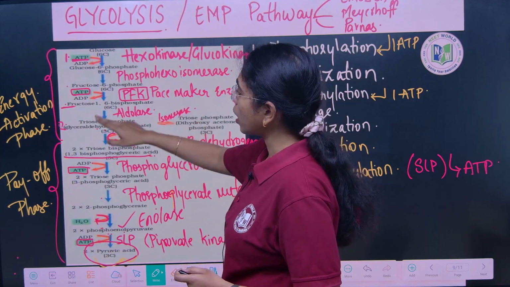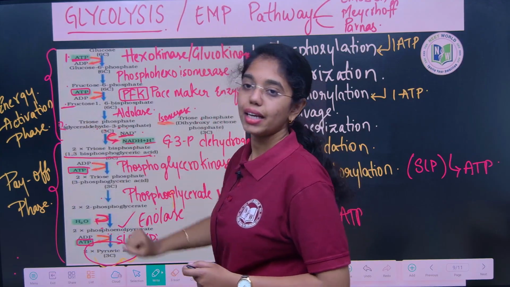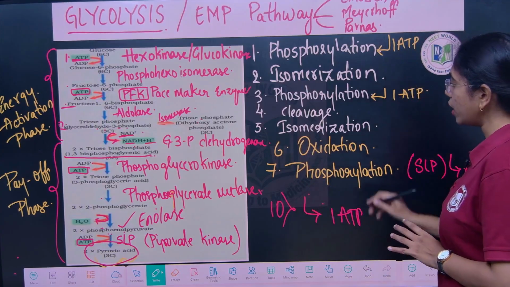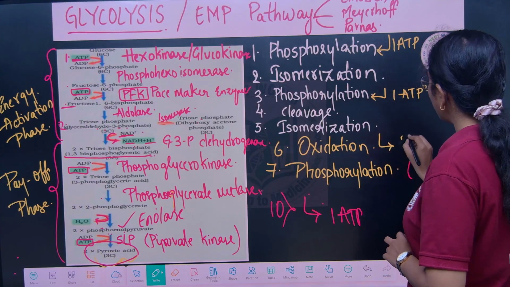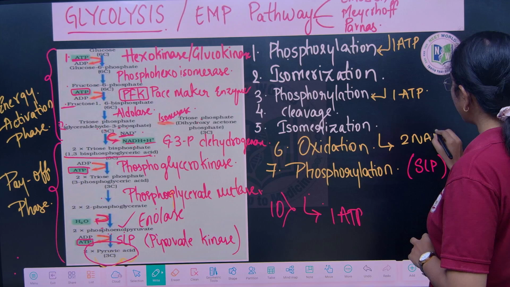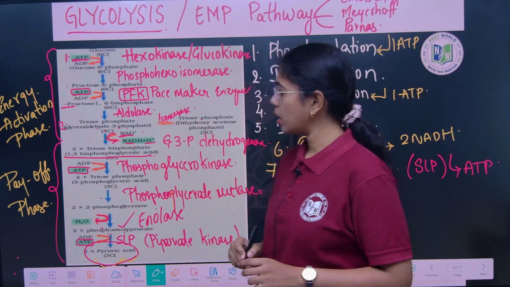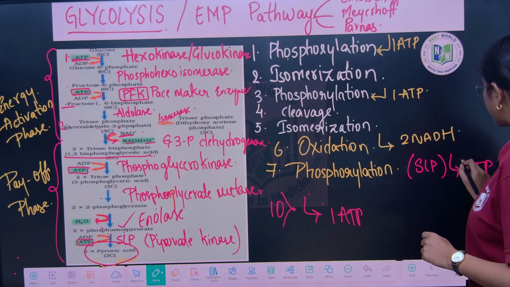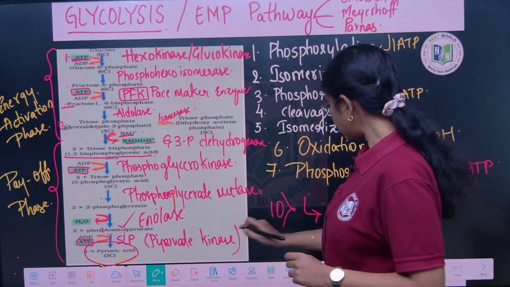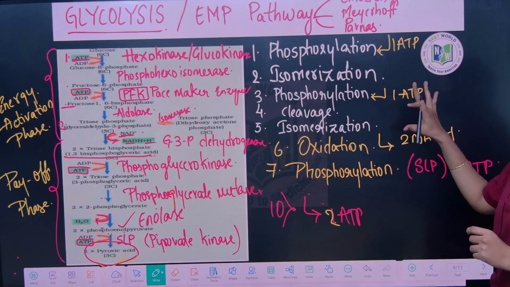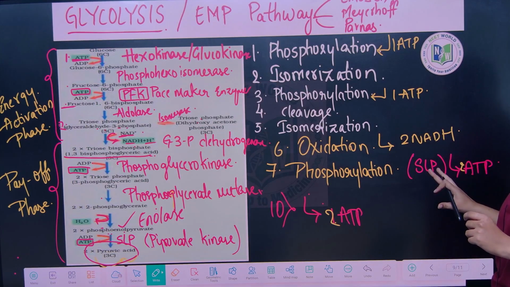So we have to count 2 glyceraldehyde 3-phosphate molecules. From the oxidation step 2 NADH are released into the cytoplasm. From the 7th step 2 ATP are released and from the 10th step 2 ATP are released. So this is the complete process of glycolysis.